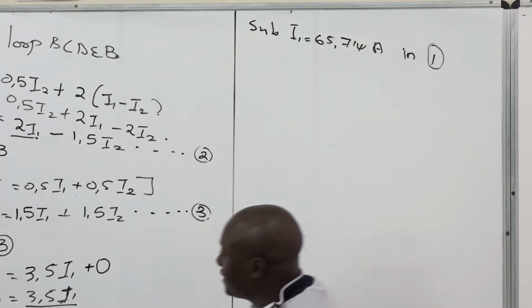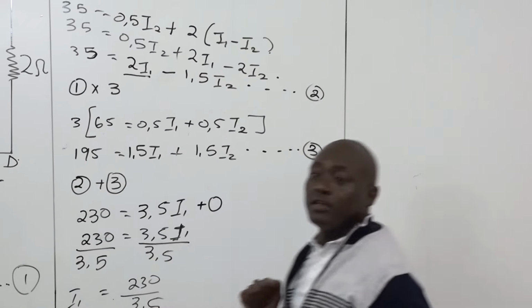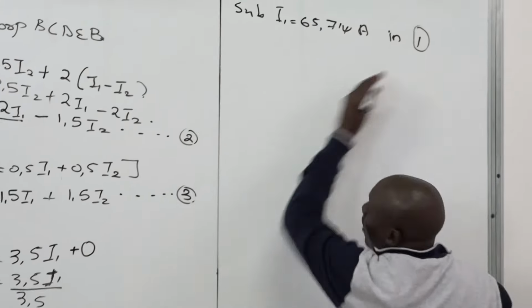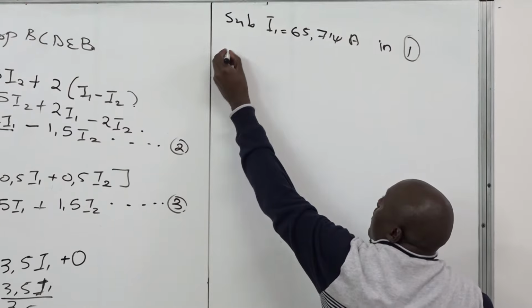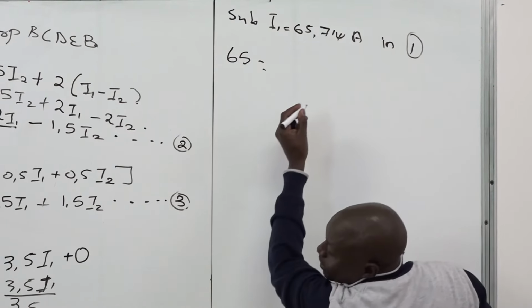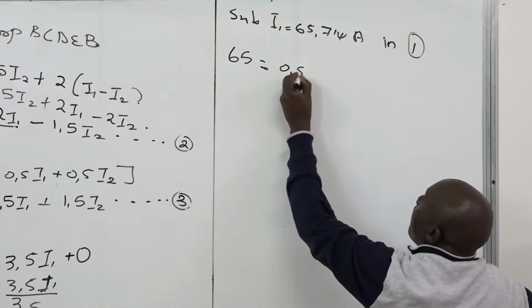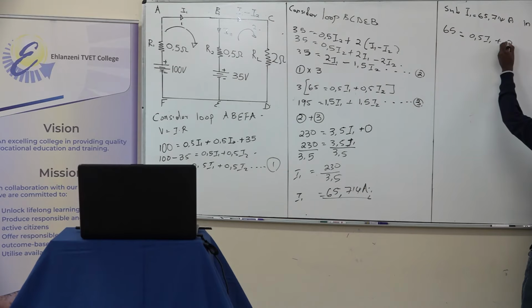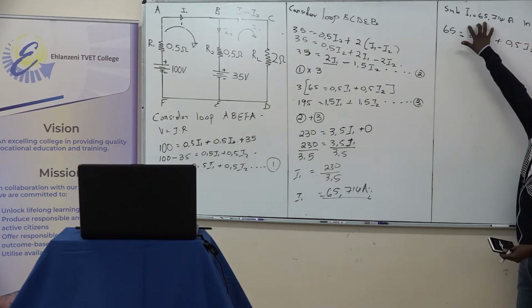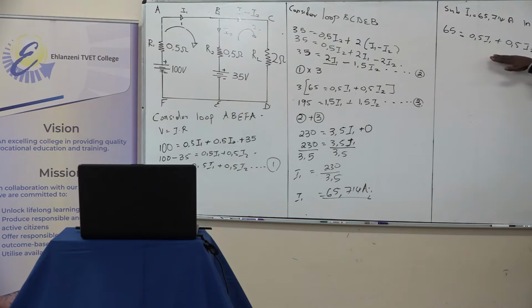Let me say we've selected equation 1. Equation 1 is 65 equals 0.5 I1 plus 0.5 I2. We are going to substitute I1 into equation 1.